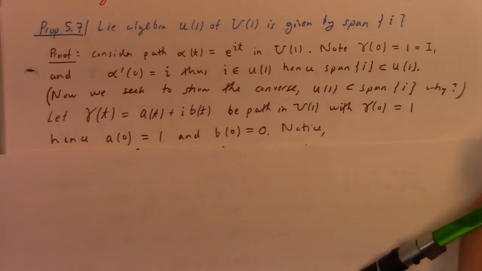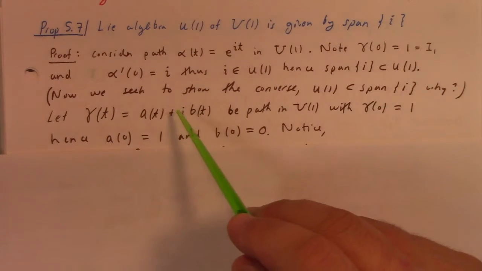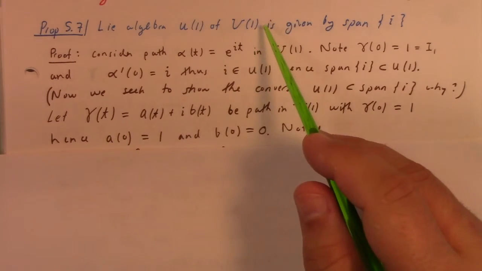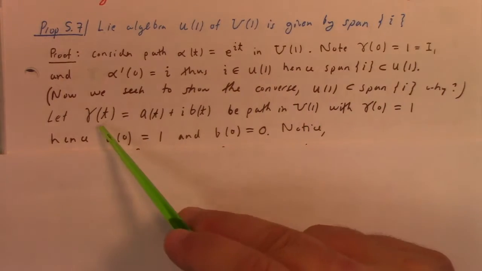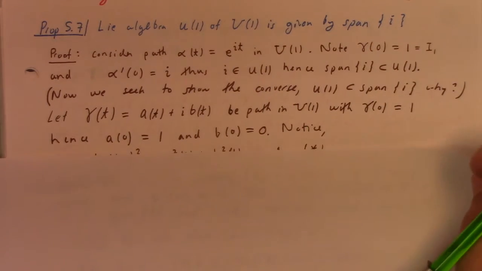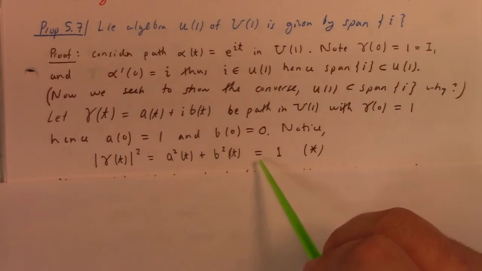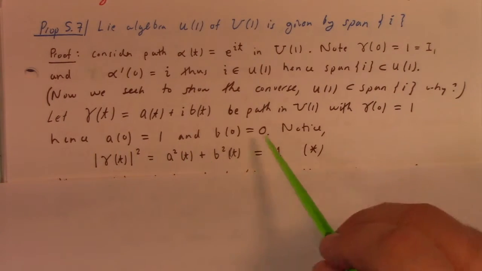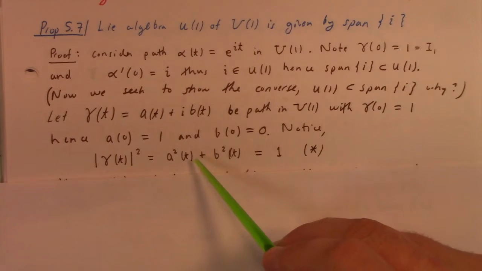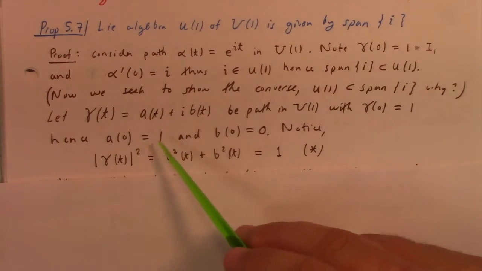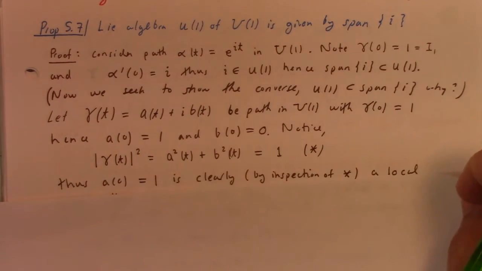But because this curve is in U(1), in the unitary group of order 1, the modulus of this curve is fixed at 1. But the modulus squared is a squared plus b squared. And so if a is 1, then b must be 0. Anyway, a is as big as it can possibly be. Consequently, a is a local maximum, in fact a global maximum.